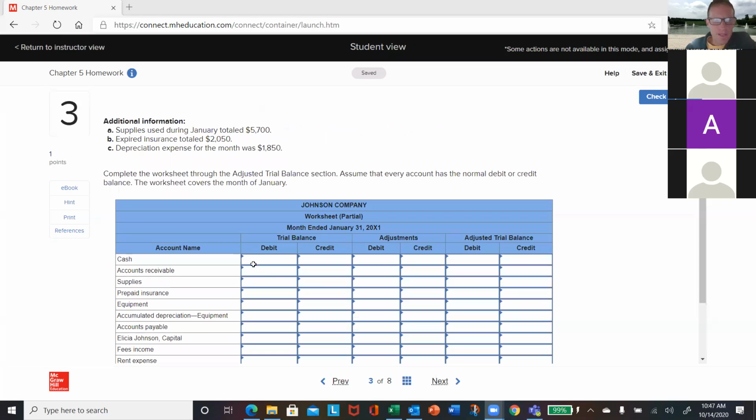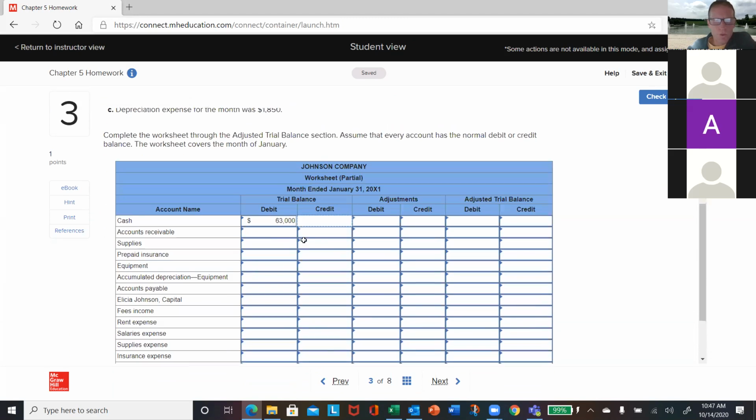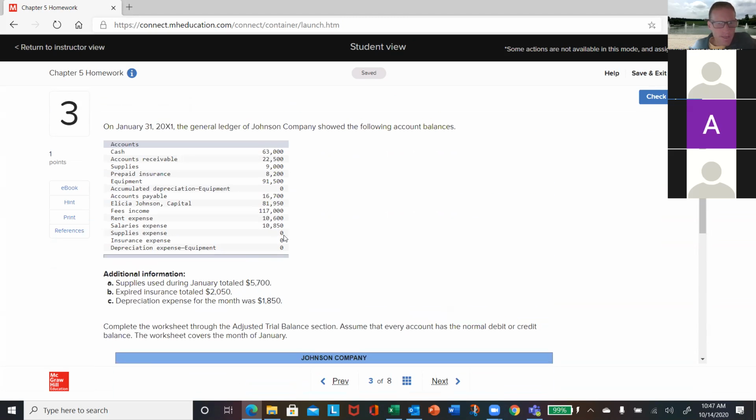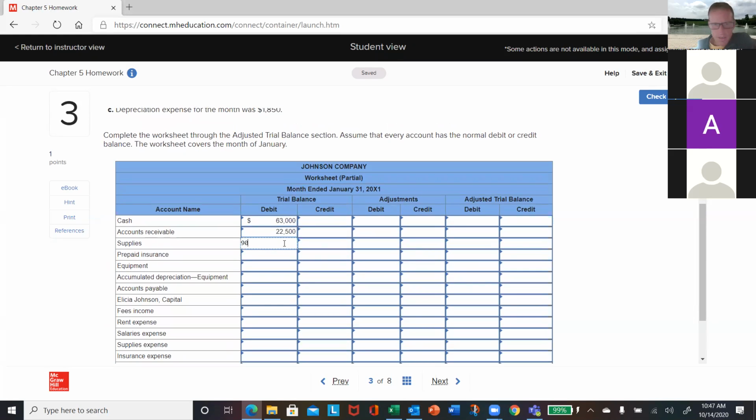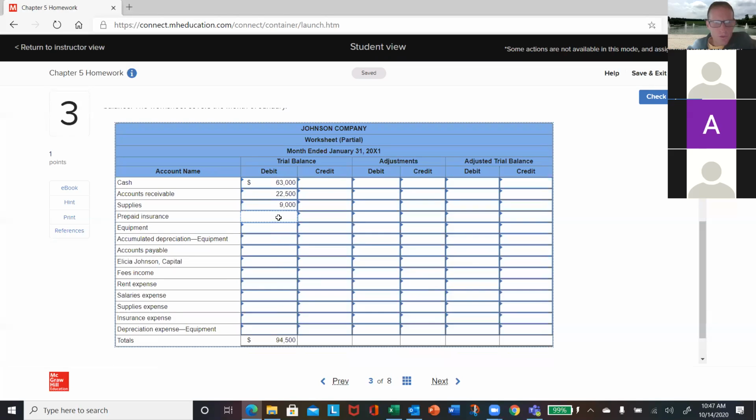So I go down here, cash, you'd enter 63,000 as a debit. Notice I put that on the debit balance because it's an asset. Accounts receivable would be 22.5. Enter that. Supplies is 9,000. And you've got prepaid insurance, which is 8,200. Notice again, I'm putting it on the debit side.